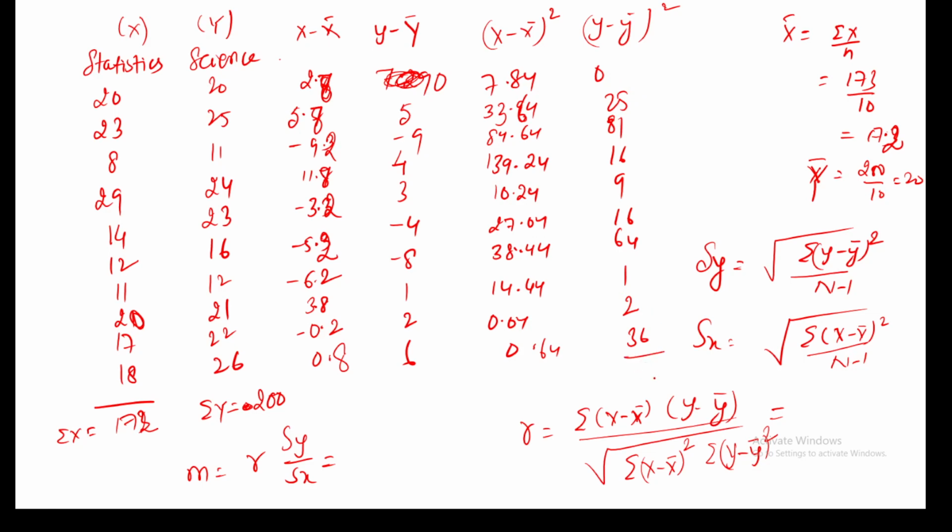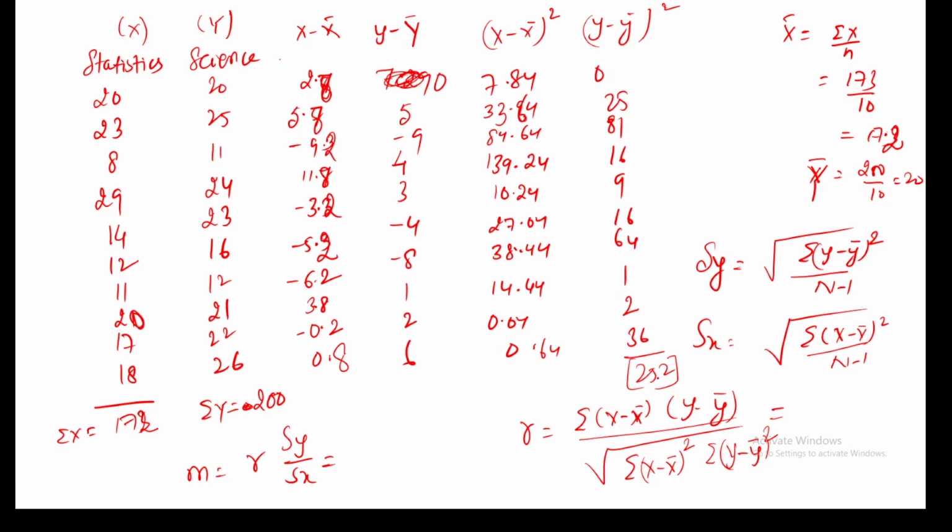We are getting somewhere the summation of y minus y bar square as 252. Is it correct? Yeah.